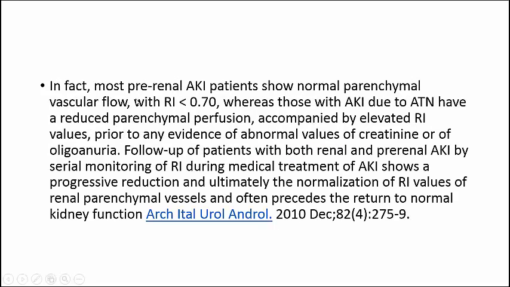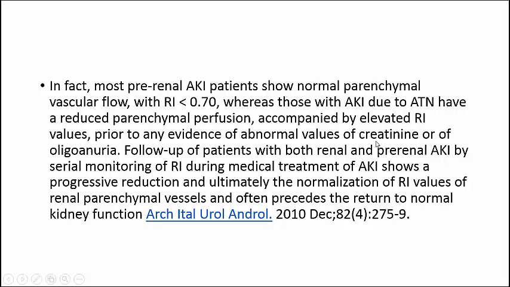Here it says most patients with prerenal acute injury show a normal parenchymal vascular bed with RI less than 0.7, whereas those with acute kidney injury due to acute tubular necrosis have reduced parenchymal perfusion accompanied by elevated RI values, superior to any evidence of abnormal creatinine value.